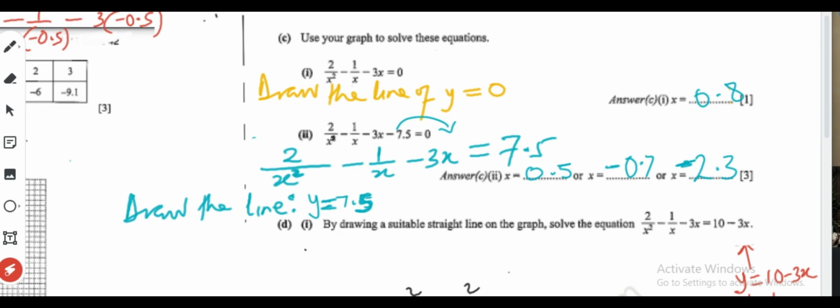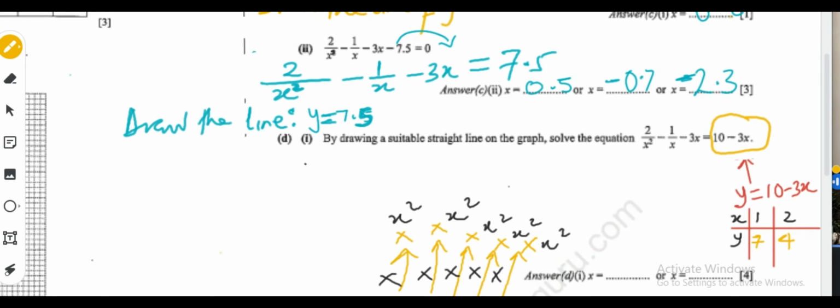So y equals 10 minus 3x. Okay, so we're going to draw the graph of y equal to 10 minus 3x, and we've already found the table of values. You need any 2 points, right?